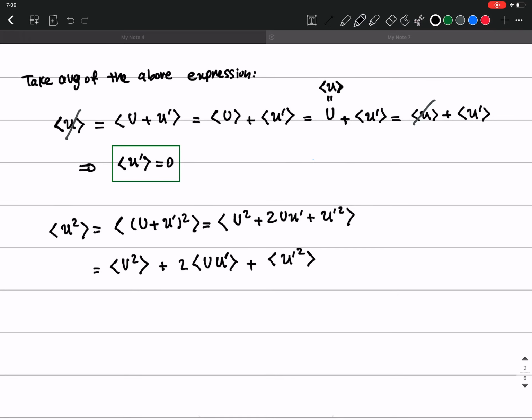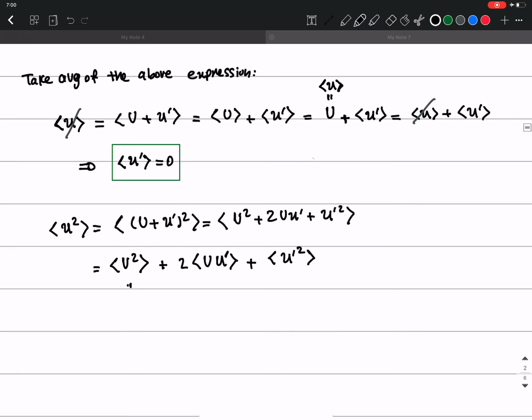And again, this is going to be capital U square, because U bar is just a number.